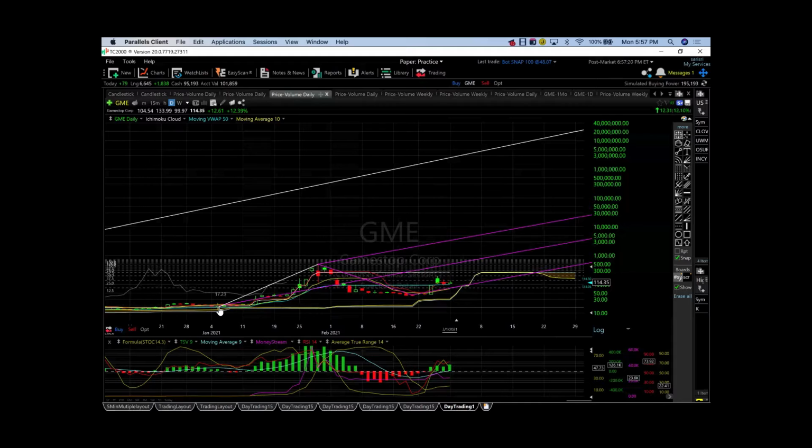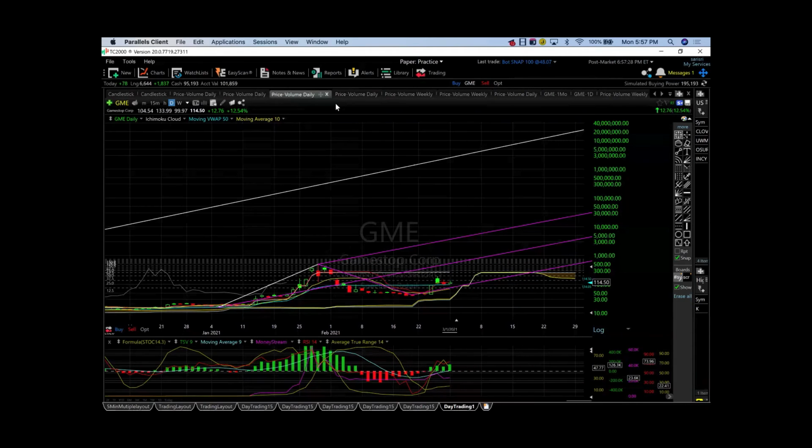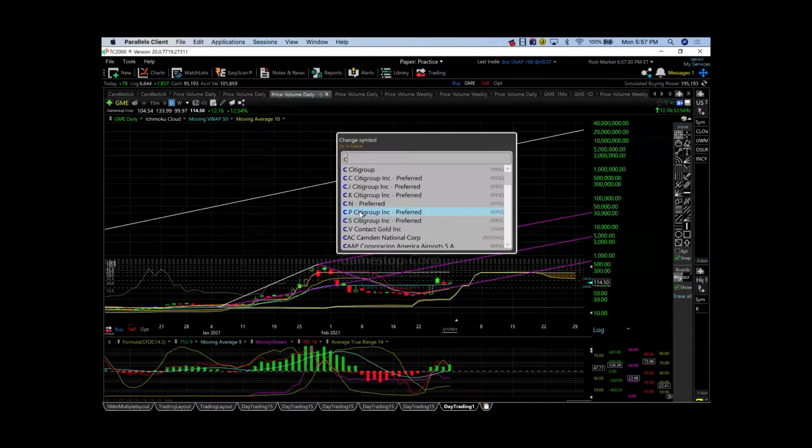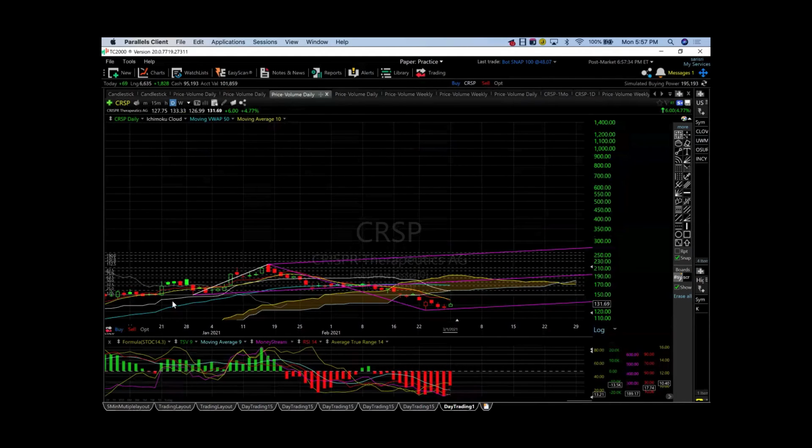For example, let's take one example. If you take CRISP, purely on the candlestick chart, the swing bottom is here. But if it had gone down, will it stop here and go?